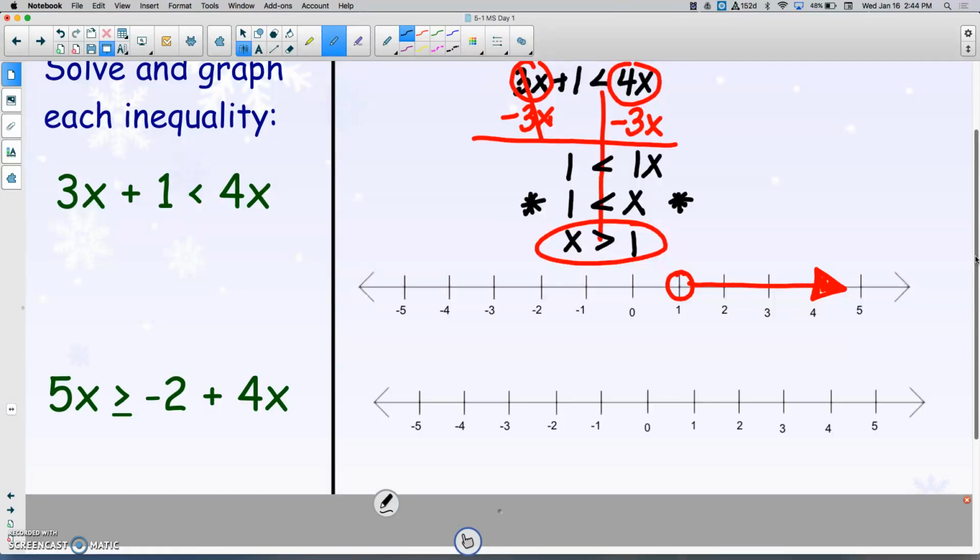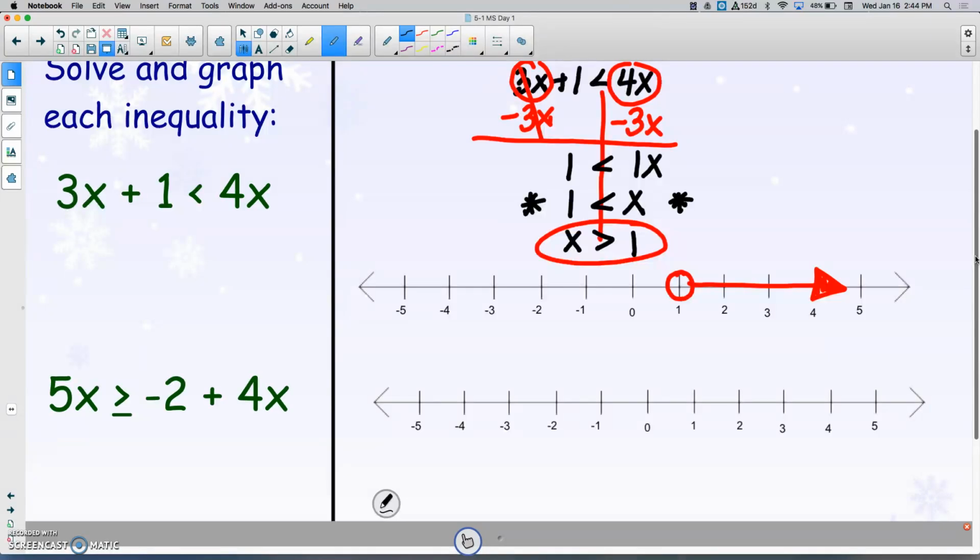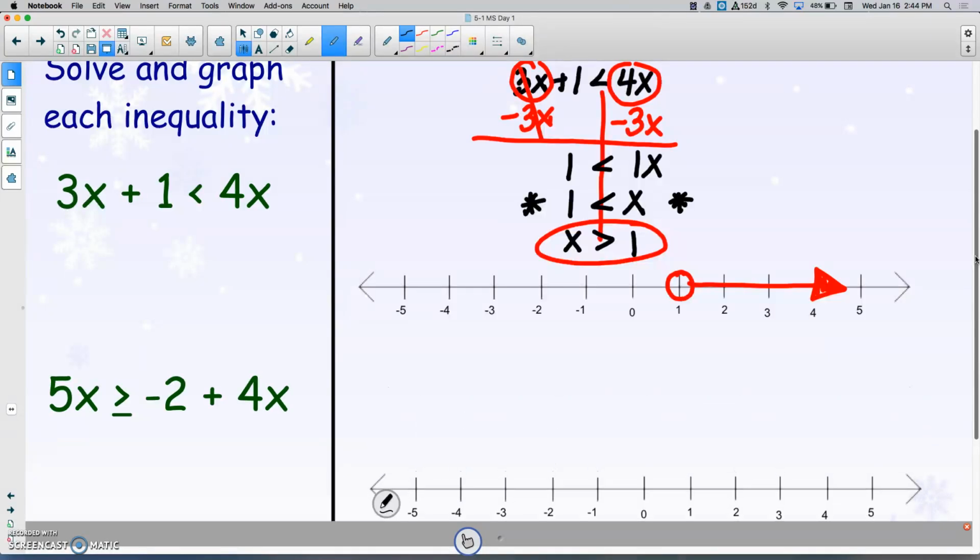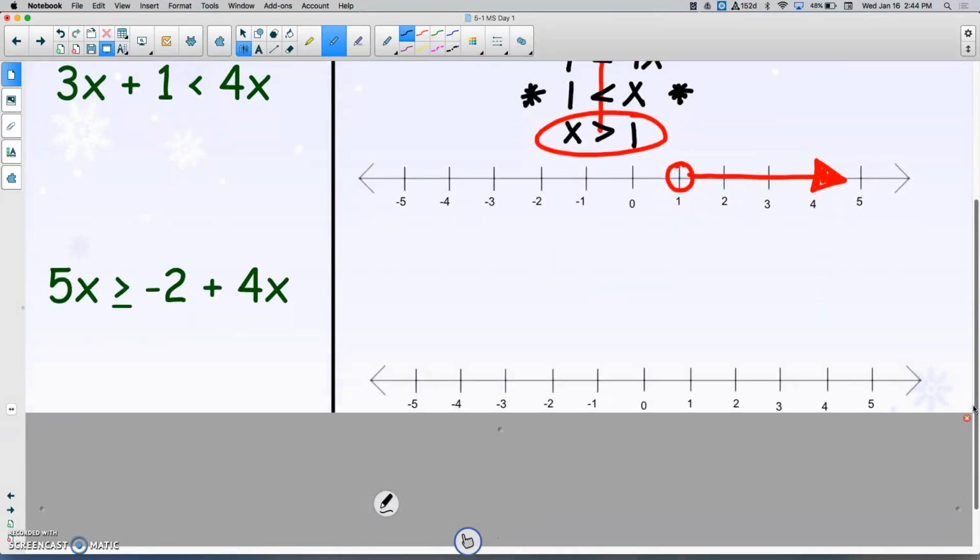So subtract the smaller variable on each side. When you've got a variable on each side, subtract away the smaller one. And then remember that when the coefficient number is just a 1, you don't even have to write it. So smaller variable this time is 4x.